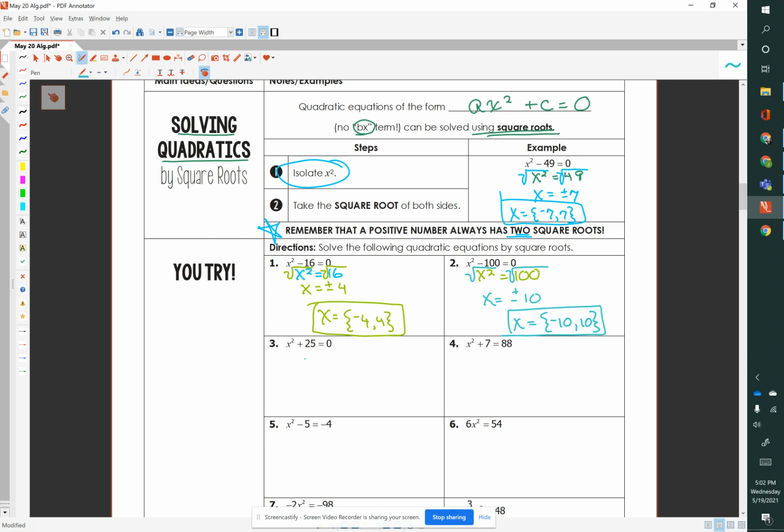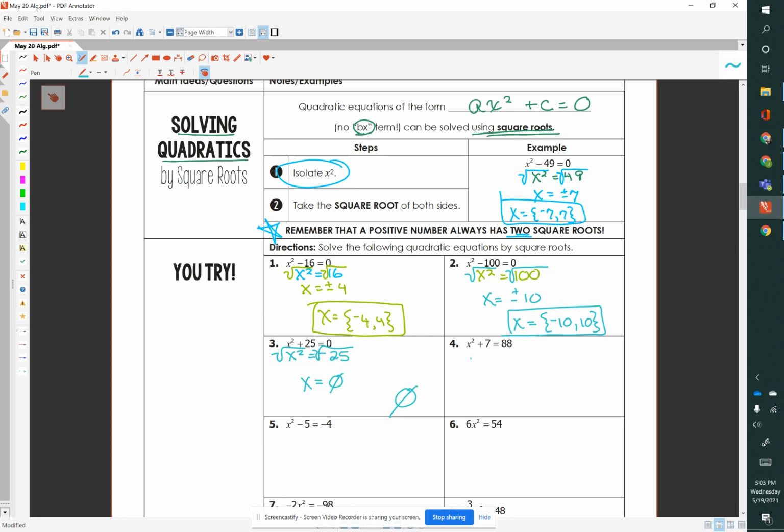Okay, number 3, x squared plus 25 equals 0. We'll rewrite that as x squared equals, and we move 25 over, it's negative 25. Okay, if we try to take the square root of that, we can't do it. There's no such thing as the square root of a negative number. So our answer is the empty set.